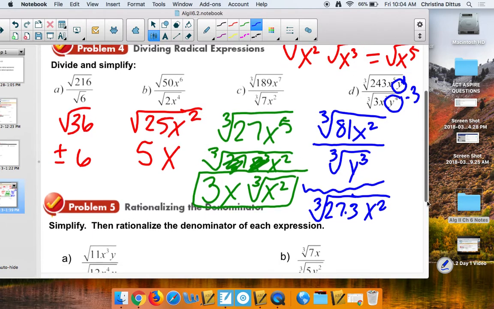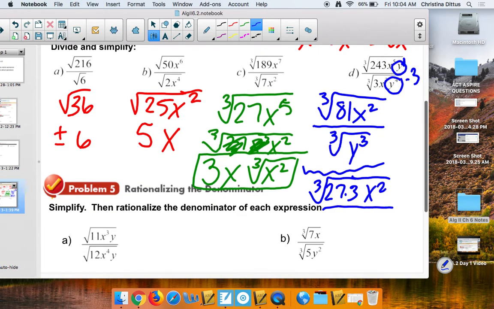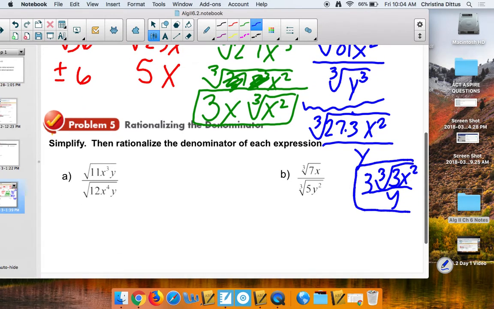And then on the bottom, I can just take out my y. Last step, I can deal with 27, right? If I pull it out, what does it become? 3. So I got 3 cubed root of 3. Can't do anything with my x squared, so leave it over y, and this is our answer.